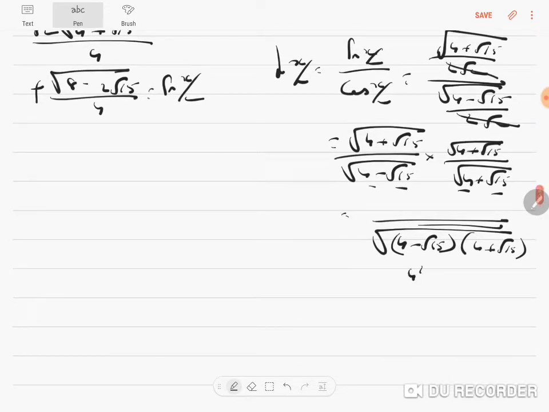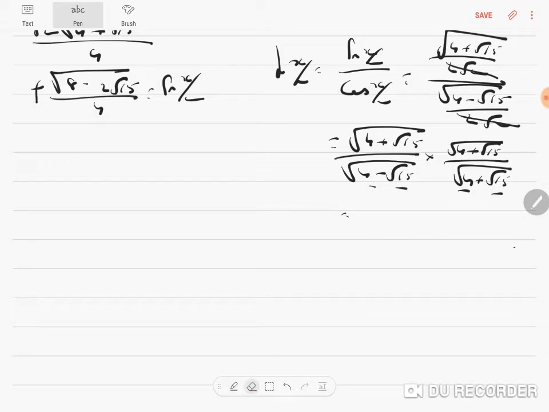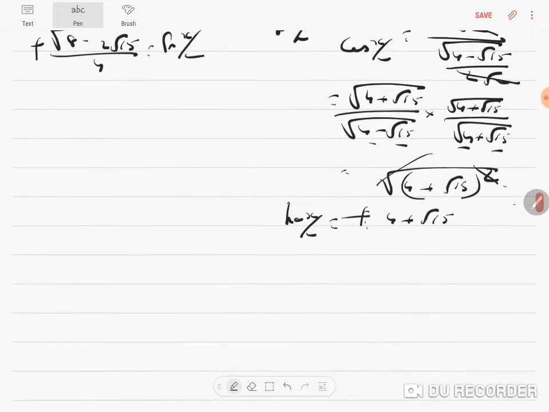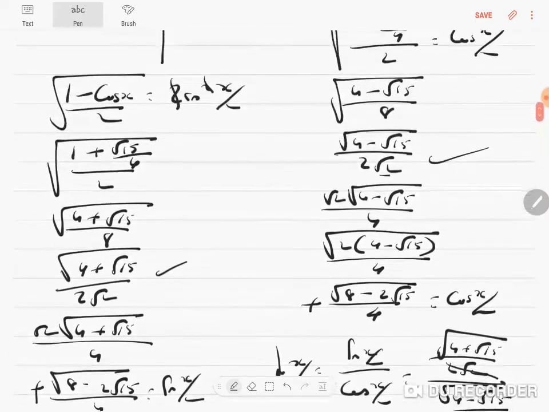It will become 4 squared minus root 15 the whole square. It will be 16 minus 15, so the denominator just becomes 1. In the numerator you will have root of 4 plus root 15 the whole square. The root and square can cancel. This 4 plus root 15 with a positive sign will be your final answer for tan x by 2, because x by 2 is in the first quadrant again. Hope you understood. So let's go to the next sum.